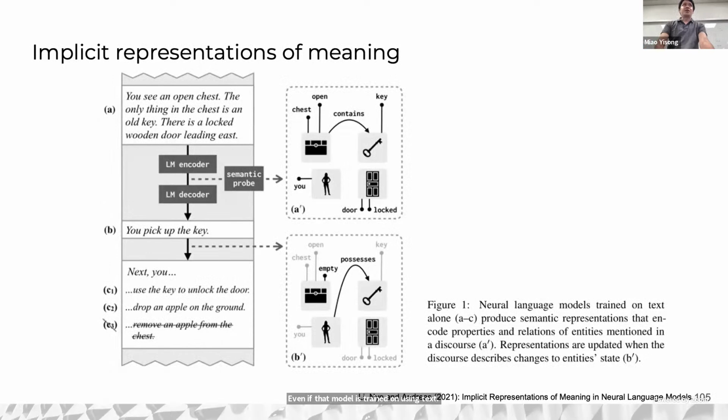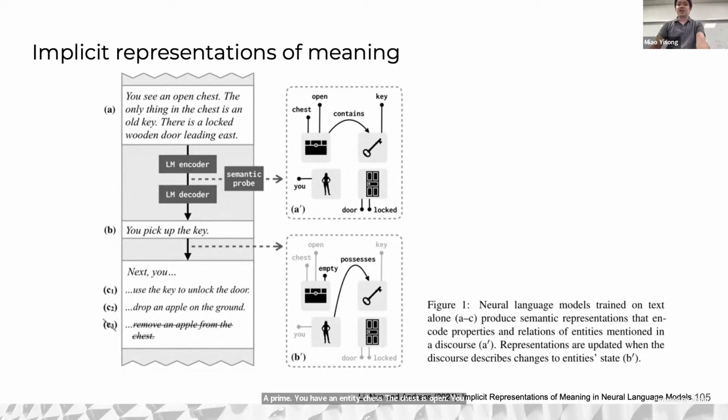On the left-hand side, you have some utterances. You have utterance A: you see an open chest. The only thing in the chest is a key. There's a locked wooden door leading east. Corresponding to this, on the right-hand side, you have semantic representations of the same thing, A prime. You have an entity chest; the chest is open.